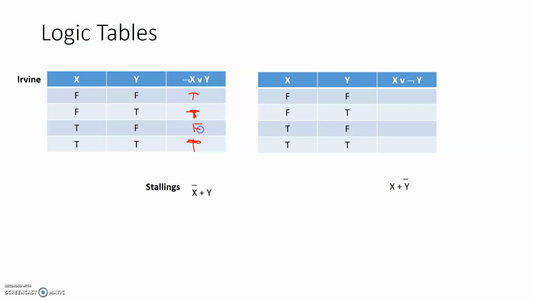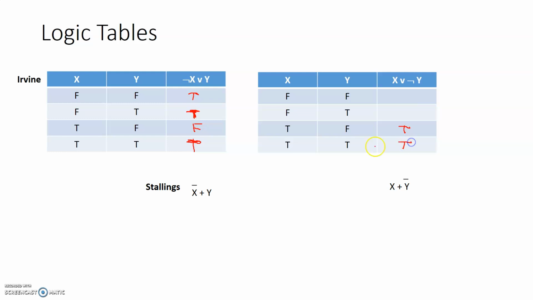So what I'm getting at is that if we're trying to fill in an expression, we can do our own version of short circuiting. By the way, this down here is showing the Stallings equivalent of not x or y, so x with the line over it, or y. This one over here is x or not y. Again, if I do some short circuiting, anywhere x is true, the expression as a whole evaluates true.